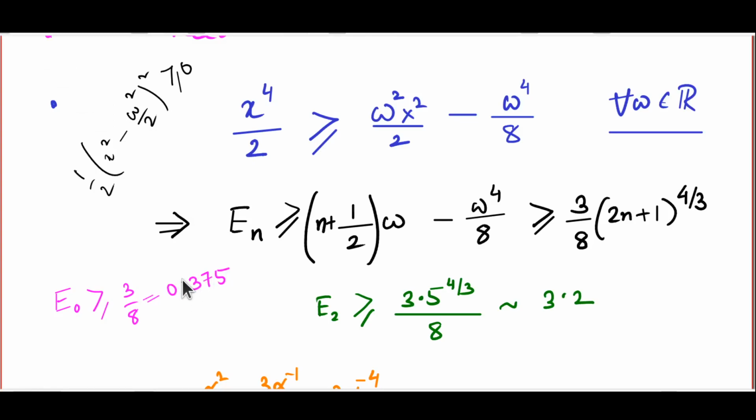So what we know from the variational method is that the energy eigenvalue is less than 0.541 for the ground state. And we now know, because x to the 4 by 2 is always bigger than this particular harmonic oscillator potential, that its ground state energy has to be bigger than 3/8, which is 0.375.